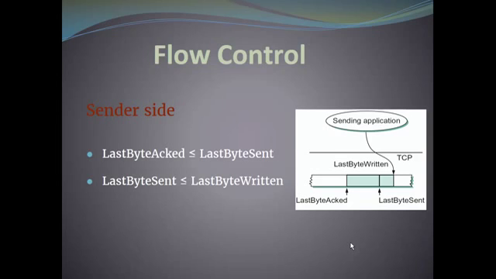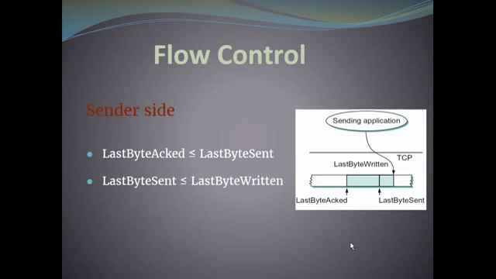This buffer is used to store data that has been sent but not yet acknowledged, as well as data that has been written by the sending application but not transmitted. On the receiving side, TCP maintains a receive buffer. This buffer holds data that arrives out of order as well as data that is in the correct order but that the application process has not yet had the chance to read.